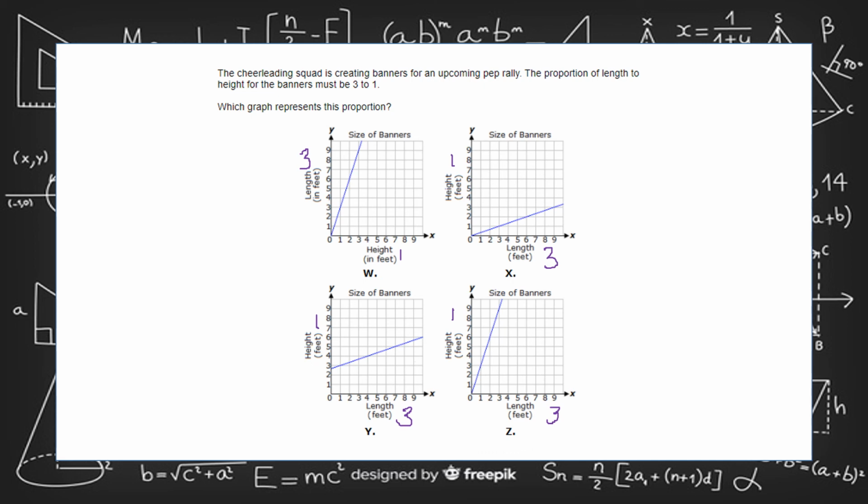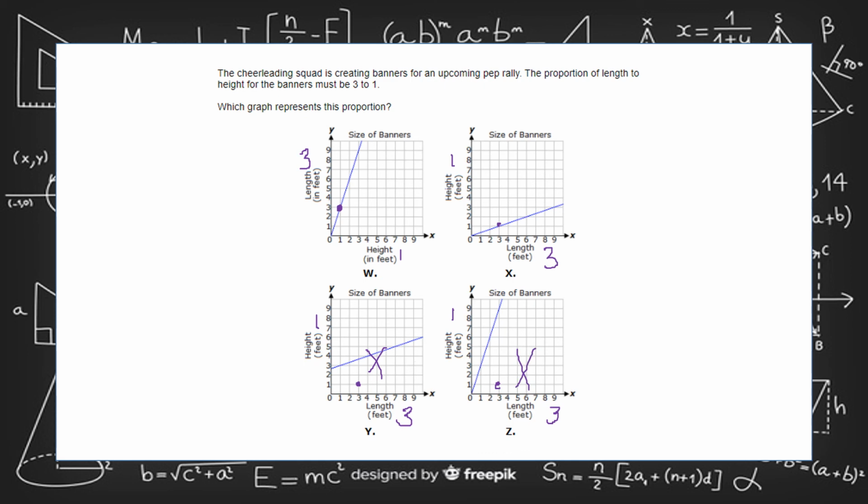So I'm going to go to where my height is 1, my length is 3. Okay, so W looks pretty good. Let's look at X. I want to know my length 3, my height 1, so this one can't be it.